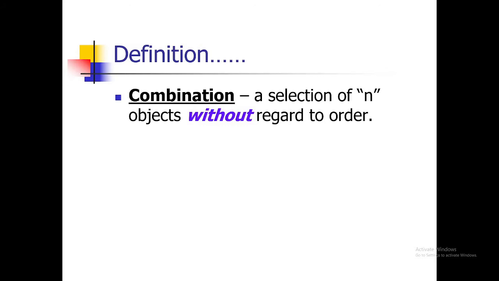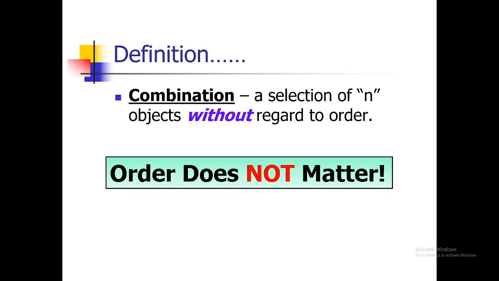Take note, I am using the word selection. Earlier, permutation last week talked about arrangement. Again, permutation talks about arrangement, while combination talks about selection of n objects without regard to order. Order does not matter for combination.